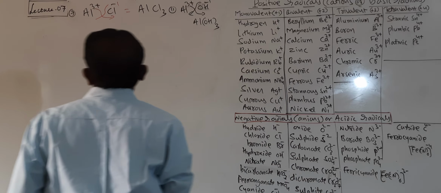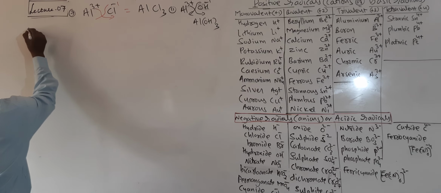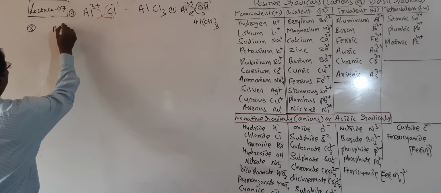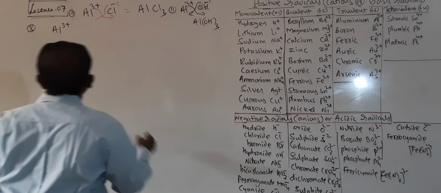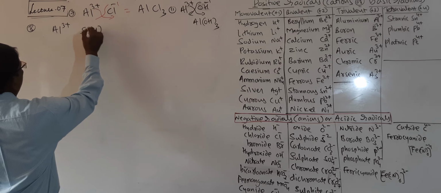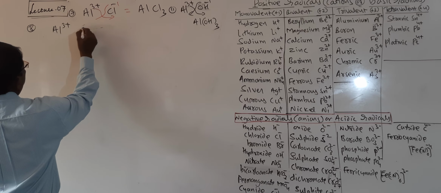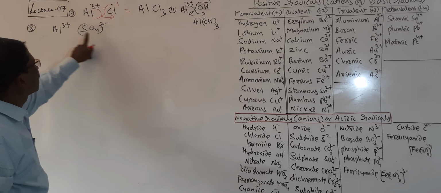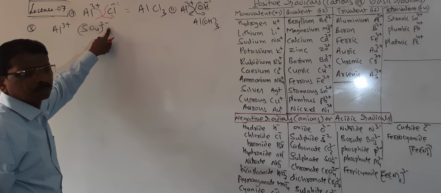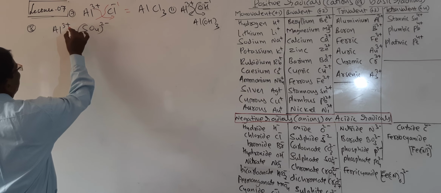Then, I will take the 8th example. I will write Al3 plus and I will take the 2 valences, sulfide or sulfate. Look here, SO4 2 minus. Al3 plus, SO4 2 minus. Cross multiply because the numbers are different.